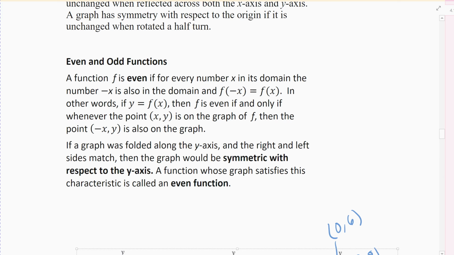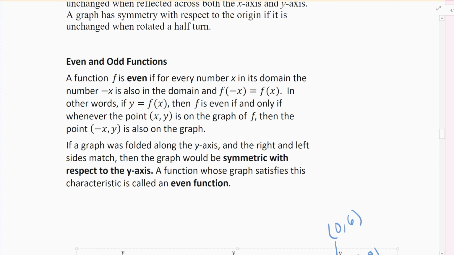When I square something, it doesn't matter. If I plug 2 in and I square it, it's 4. If I plug negative 2 in, I square it, it's 4. So if all of my degrees are even, it has this even symmetry where it's symmetrical about the y-axis. If I plug in negative numbers, it's exactly the same as when I plug in positive numbers. I get the same function value out.